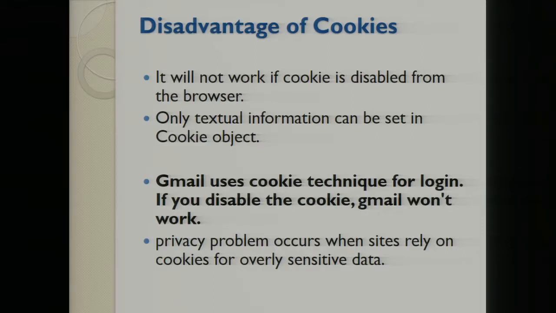Sometimes it may be an image, or another format in which the user wants to store his cookie values. That will not be supported in the case of cookies, because it will store only the textual information. And if the browser is disabled with that cookie, you will not be allowed to access that particular cookie.